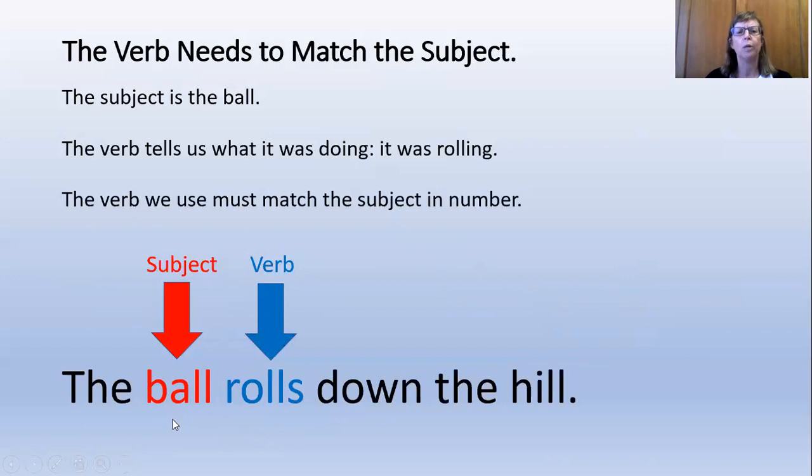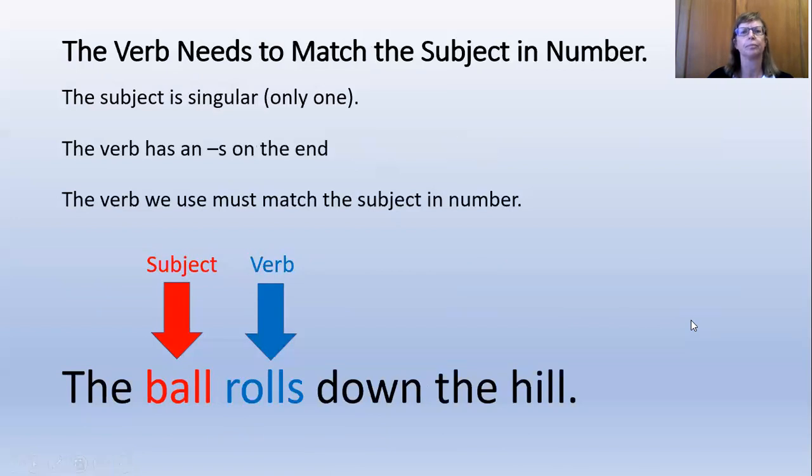So if we've got one ball, the ball rolls down the hill. The subject is singular, there's only one of them, one ball, and the verb rolls has an S on the end.